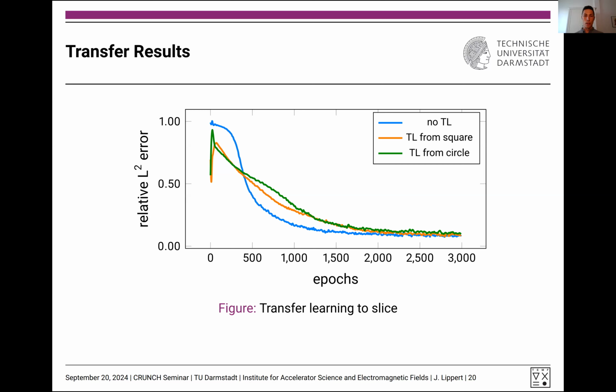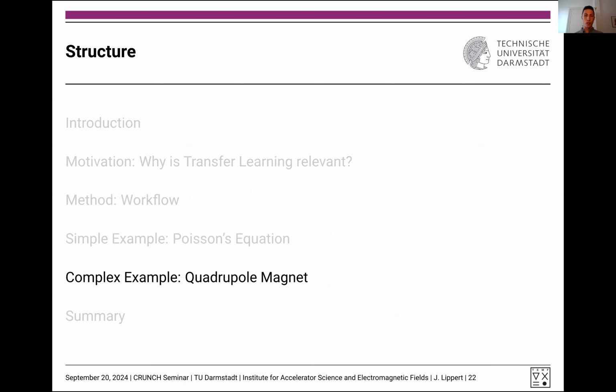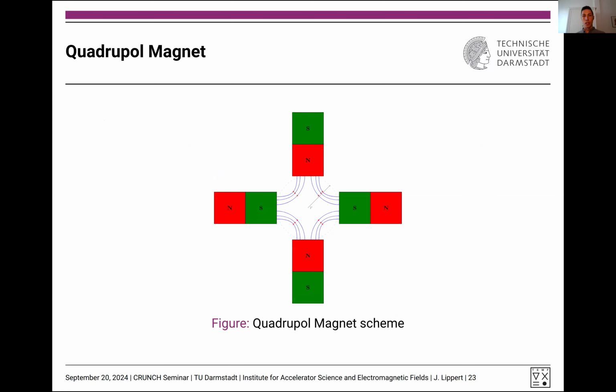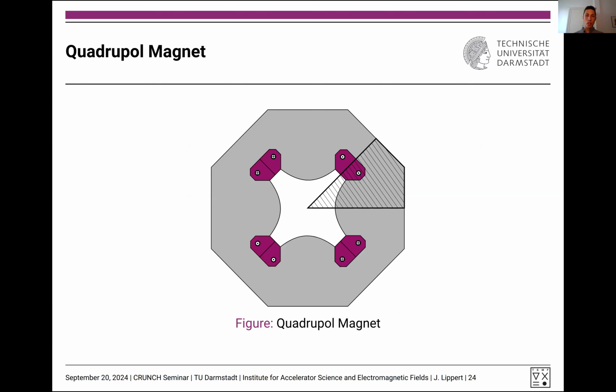Yeah. Okay. Then for the quadrupole magnet, a quadrupole magnet is basically four magnets laid out in a way that they're opposite to each other. In practice, it's normally an iron choke with copper coils and can be found in particle accelerators where they are applied to focus a particle beam.